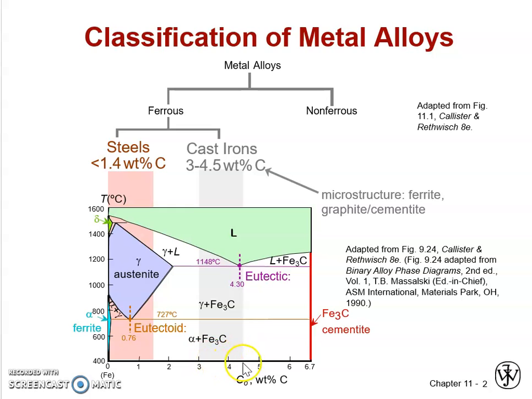From here to here, the microstructure will be ferrite, graphite, and cementite. So based on this phase diagram, you can also classify where the steels are, and also the composition of cast iron.